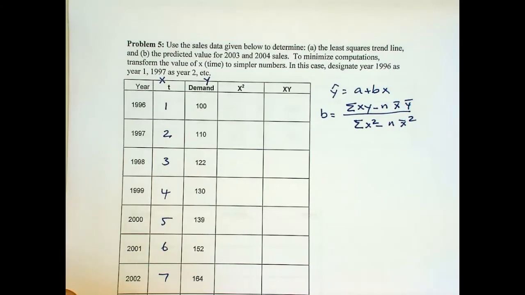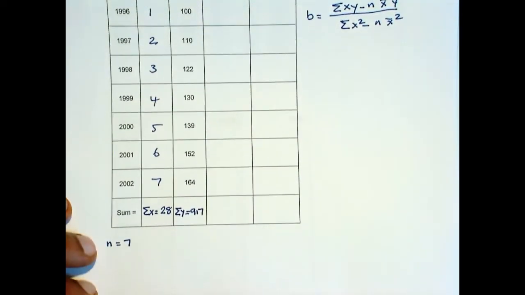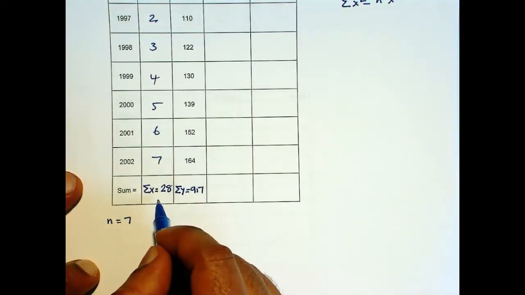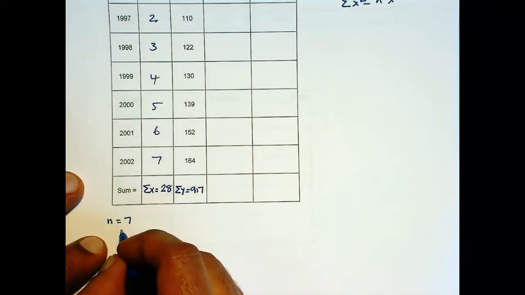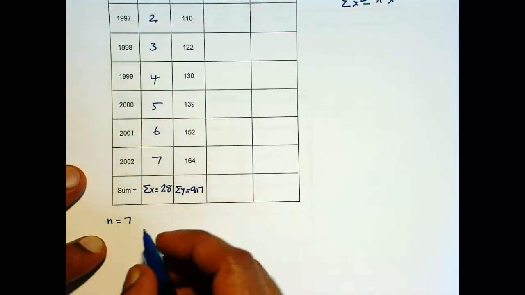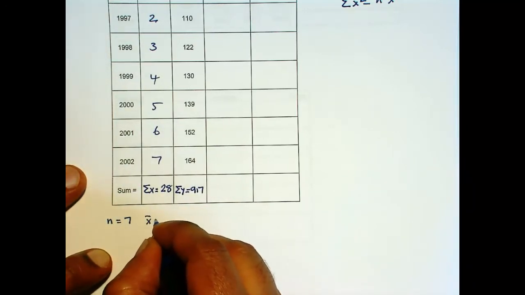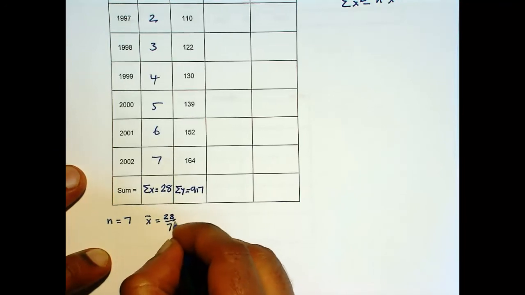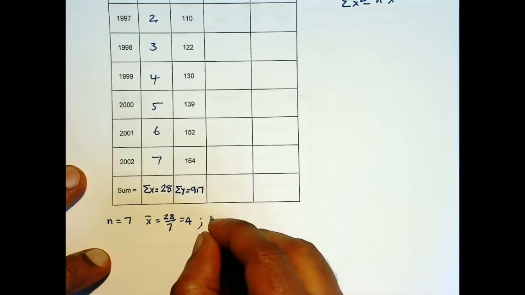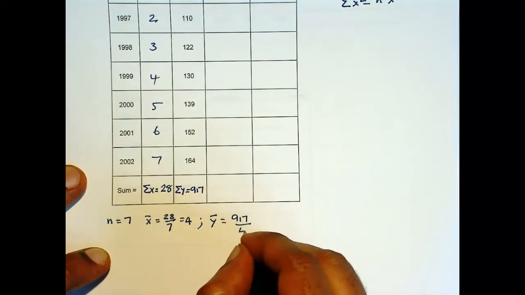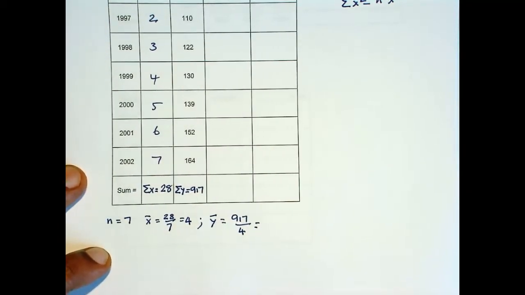Okay, sum of y is 917. So here n is 7. Sum of x is 28, sum of y is 917, n is 7, so x bar is 28 over 7 equal to 4, and y bar is 917 over 7 equal to 131.